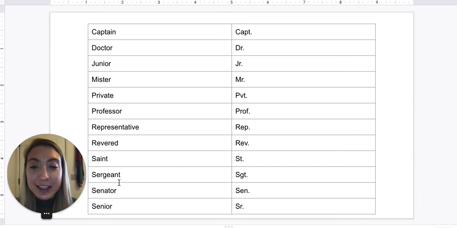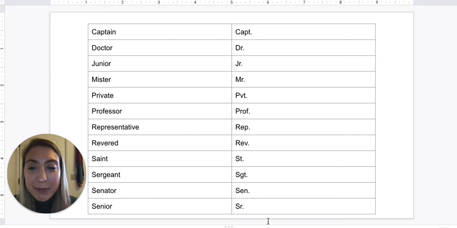And Sergeant, now this is just like our private, where it's not the first 3 letters or the first and last letter. It's S-G-T, period. Then we have Senator, which is the first 3 letters, S-E-N. And then Senior, which is the first and the last letter, S-R.